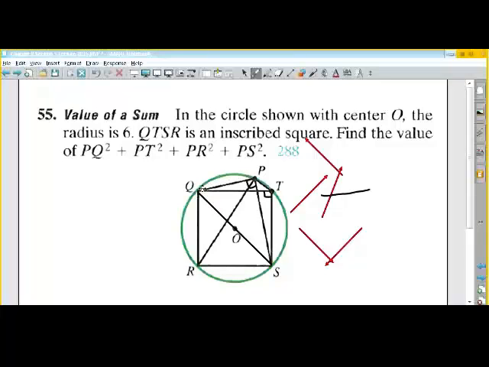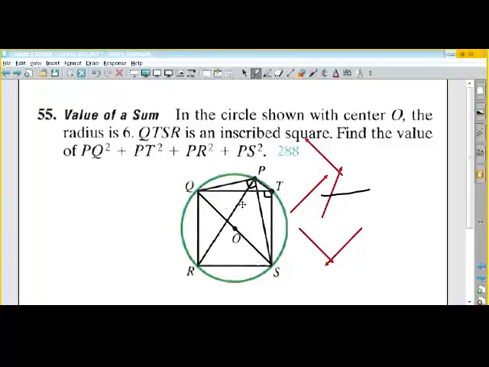And the sides are going to be this side squared plus this side squared equals that side squared. And likewise, this side squared plus this side squared is equal to that side squared.